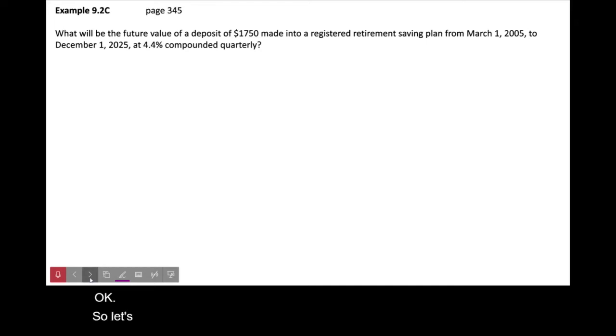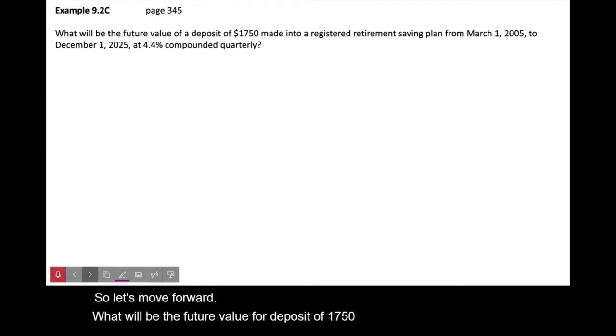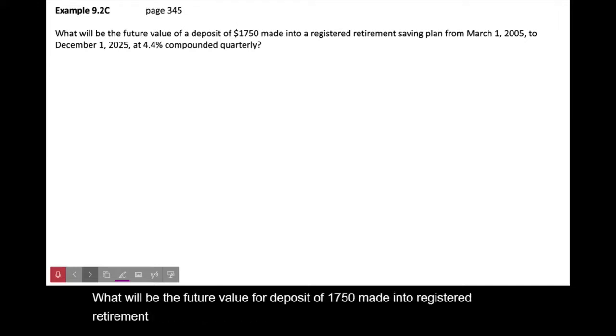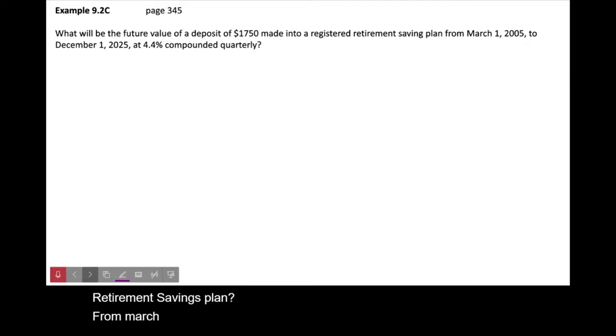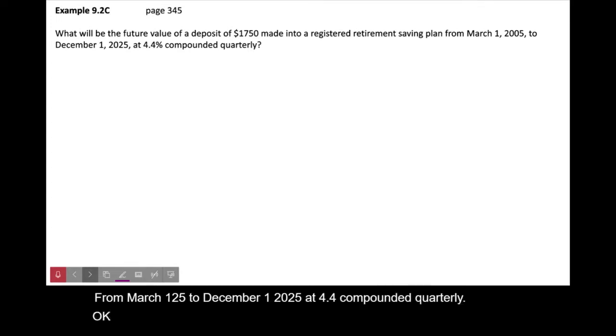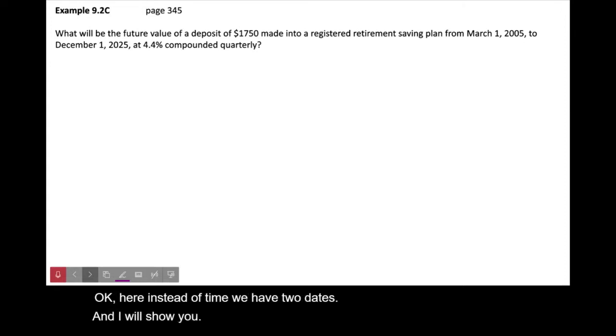Okay. So let's move forward. What will be the future value of a deposit of 1,750 made into a registered retirement savings plan from March 1, 2005 to December 1, 2025 at 4.4% compounded quarterly? Here instead of time we have 2 dates, and I will show you what you have to do.